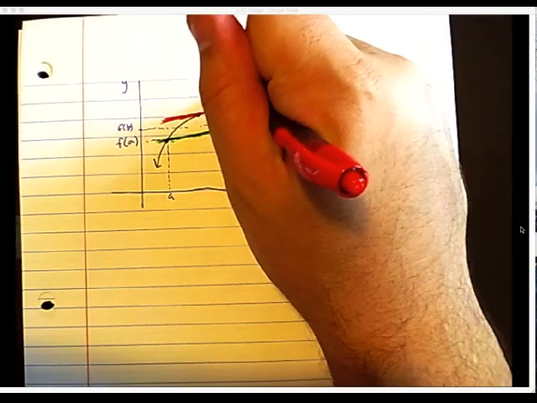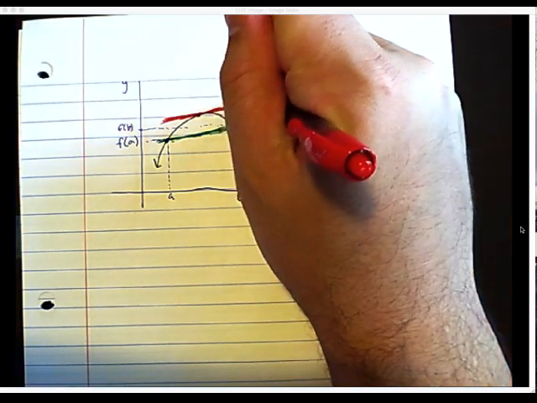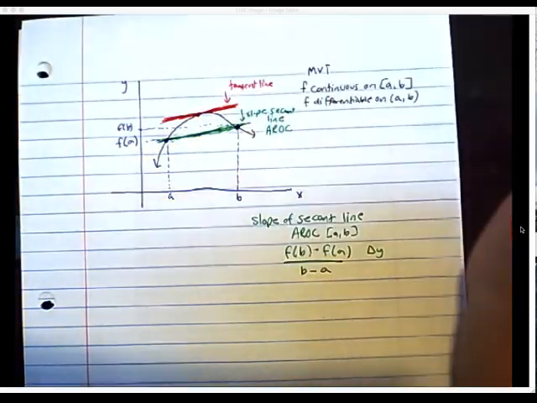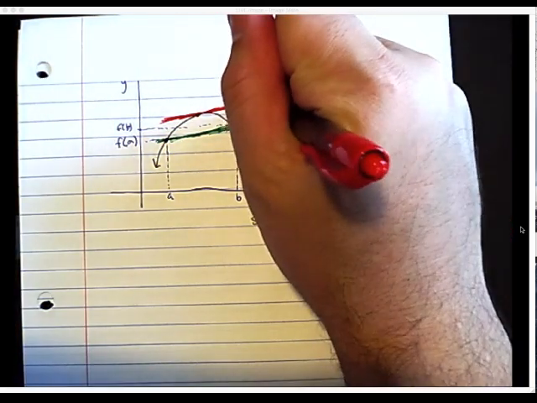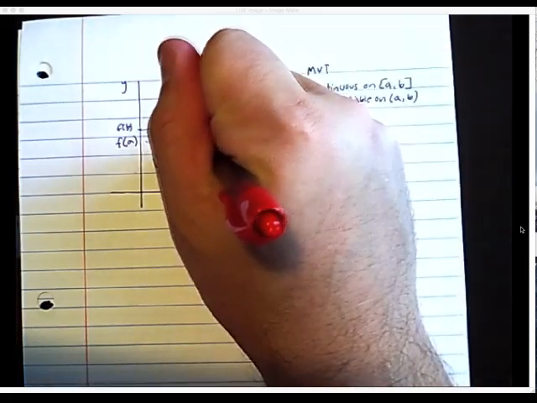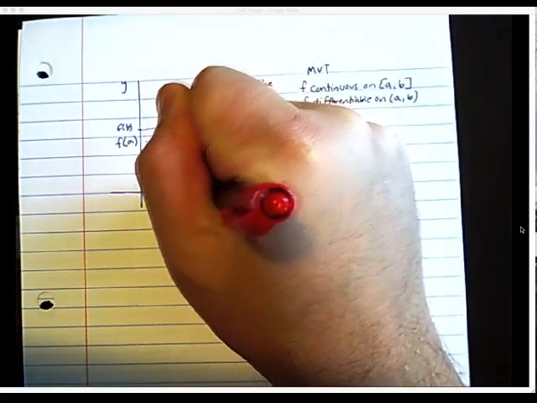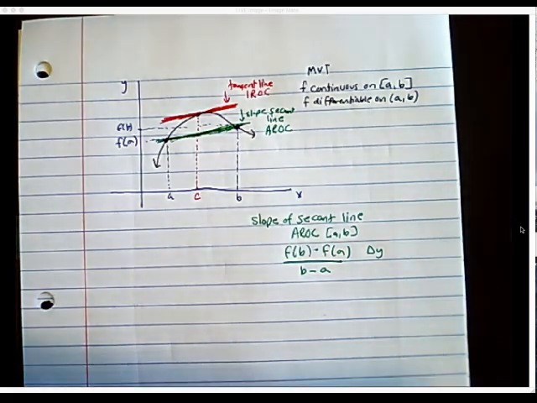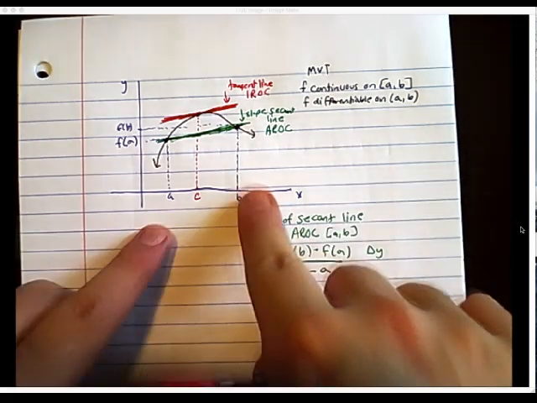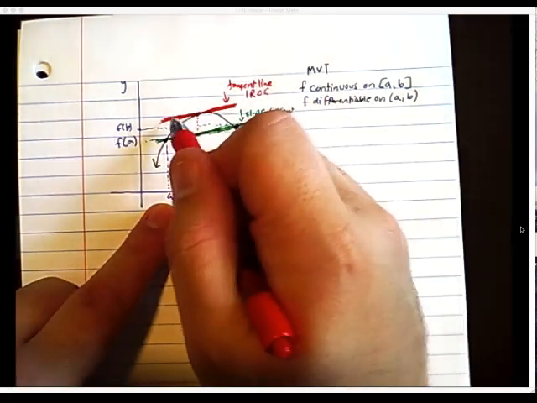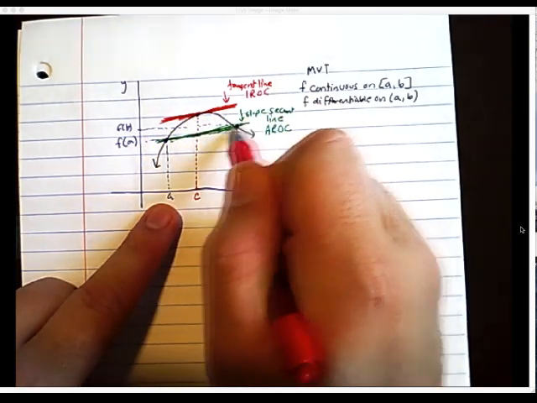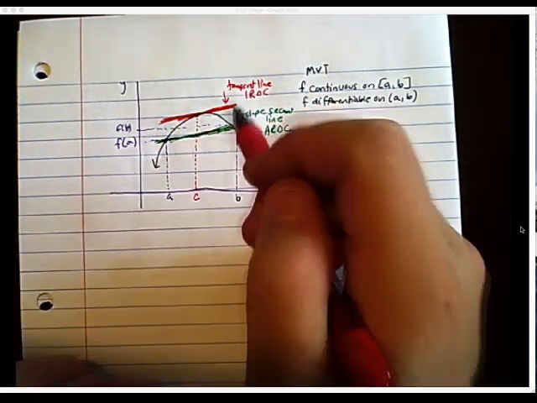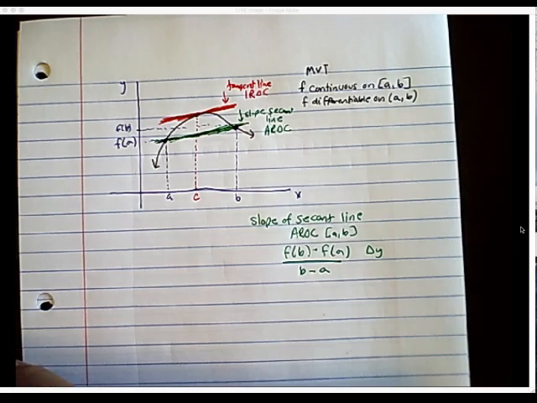So here, this is the tangent line at a point, and that's known as the instantaneous rate of change. So there's got to be at least one c value in between a and b where the slope of this red line is the same as the slope of this green line to make those two parallel to each other.